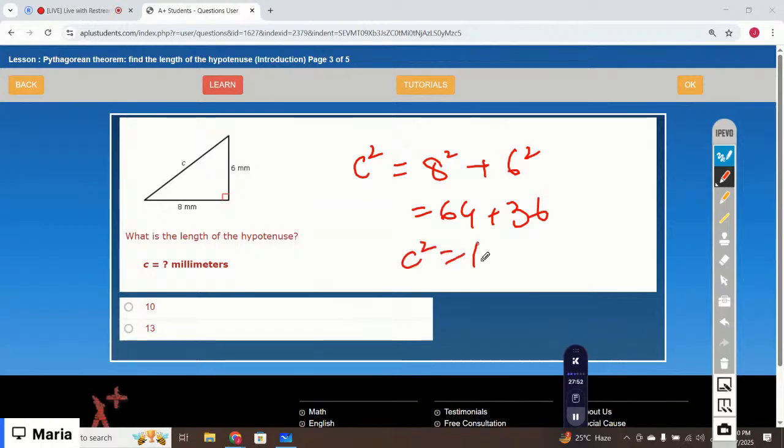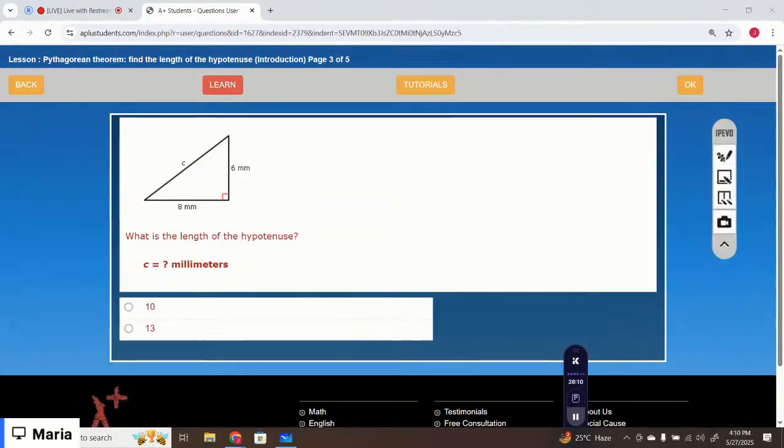So C square equals 100, so C equals 10. Option number 1 is the correct option.